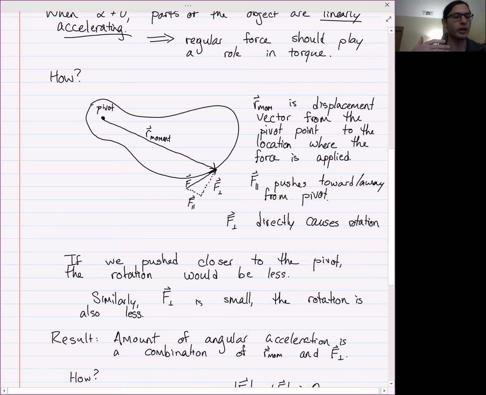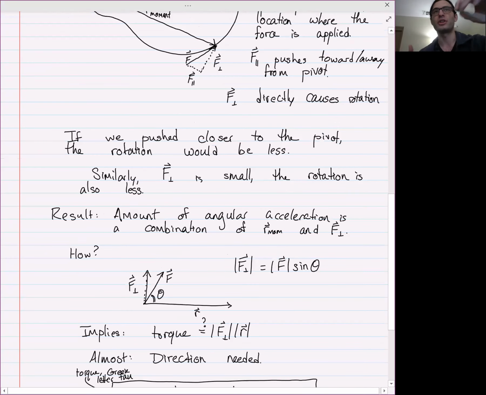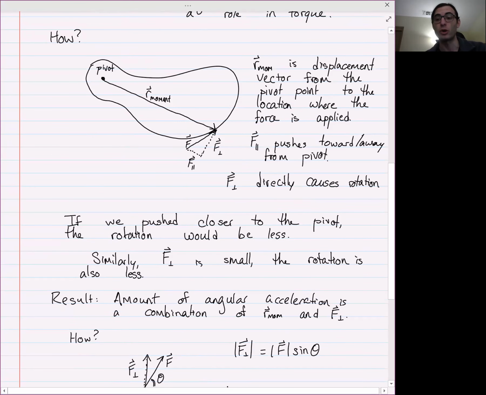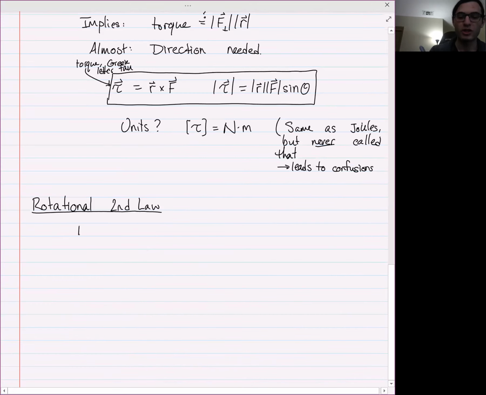And so the direction of the torque seems to be in the same direction as the type of motion that is caused by this force. So just to summarize, the direction of motion, which is counterclockwise, agrees.